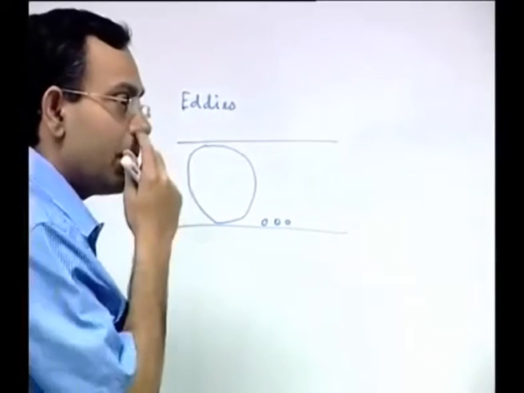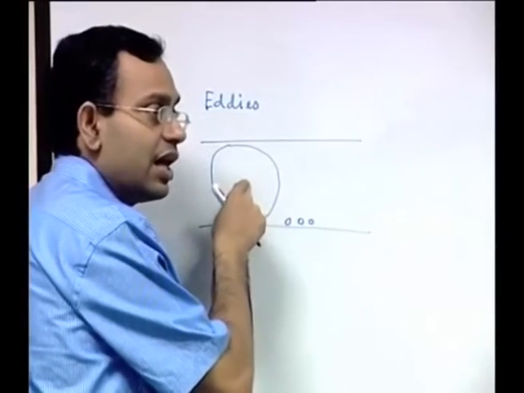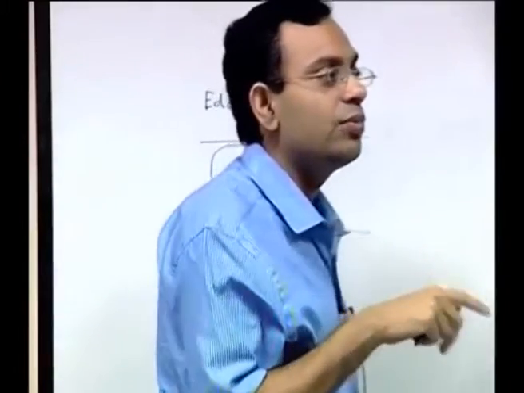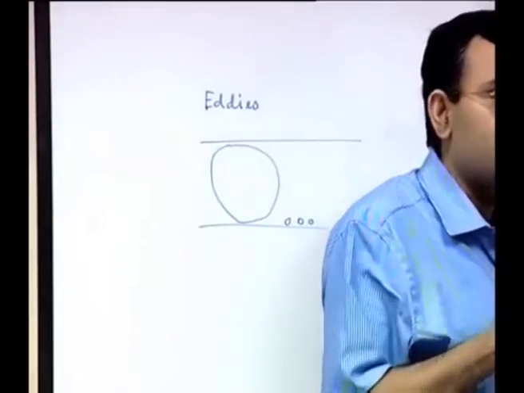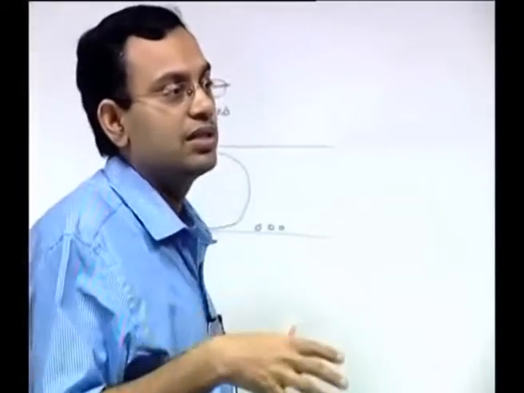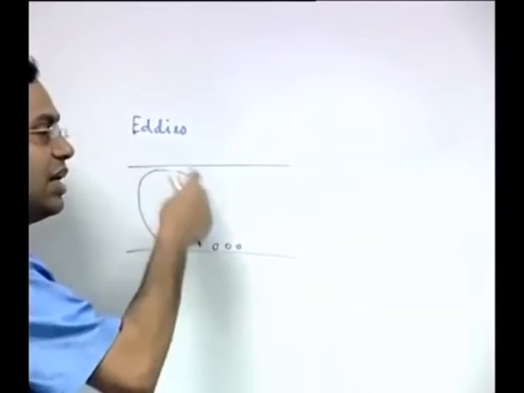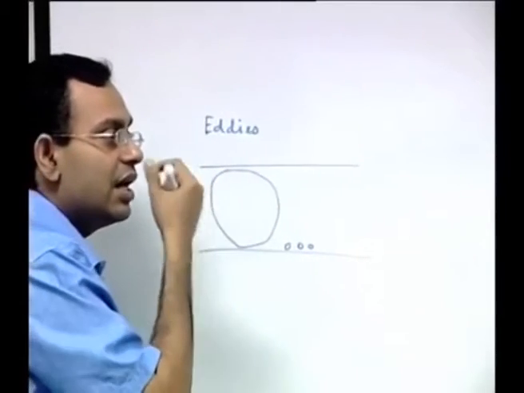So, what happens? The large eddy extracts energy from the mean flow because of the instabilities in the mean flow. The mean flow has certain instabilities which trigger the turbulence. Because of these instabilities, the large eddy can extract energy from the mean flow.